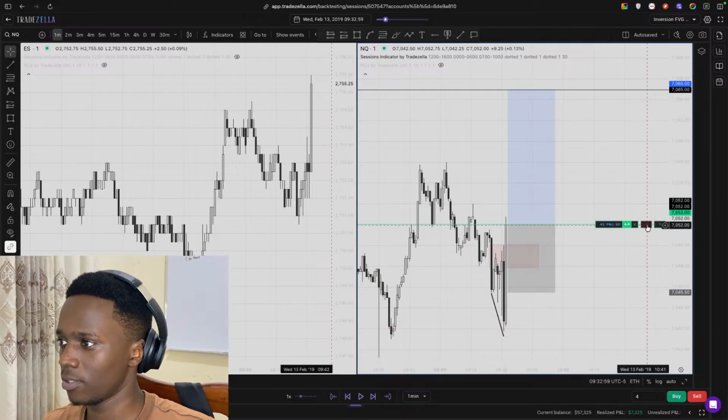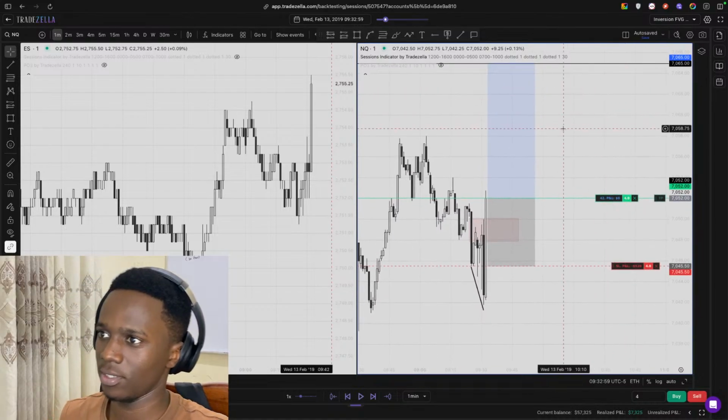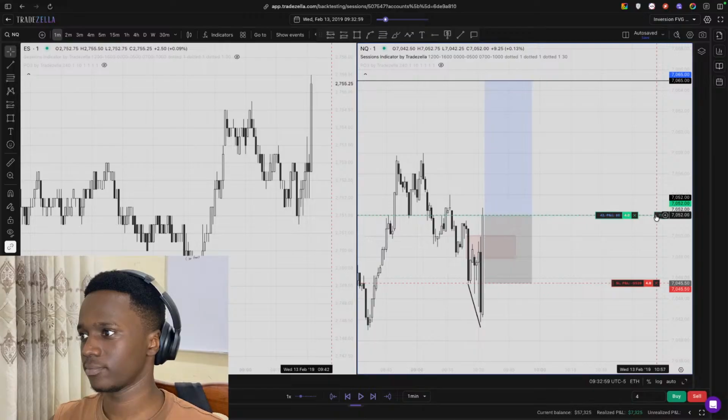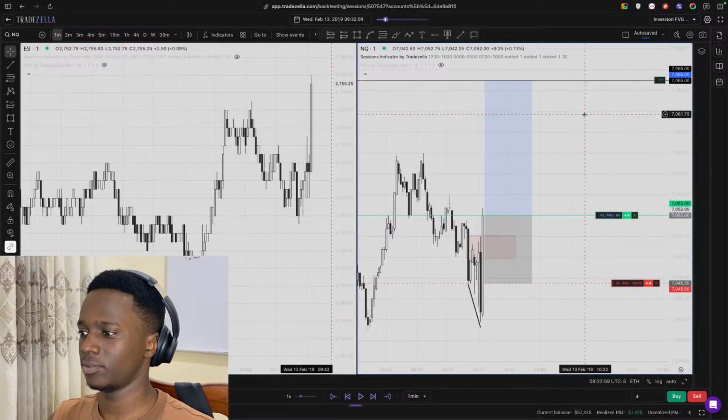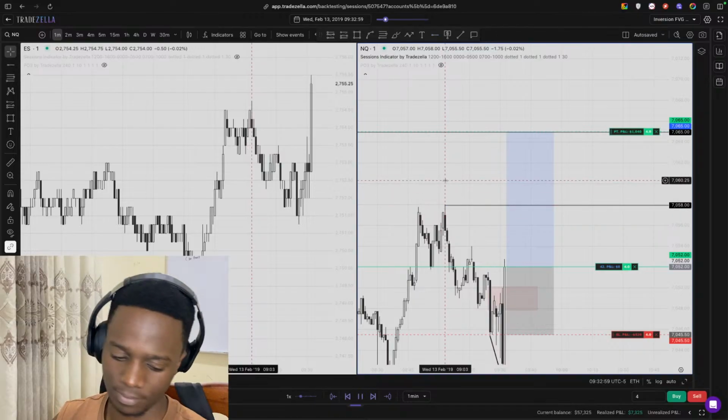Okay, stop at the low, then take profit at this high. That will be how the trade will be formed, and break even at these highs here.